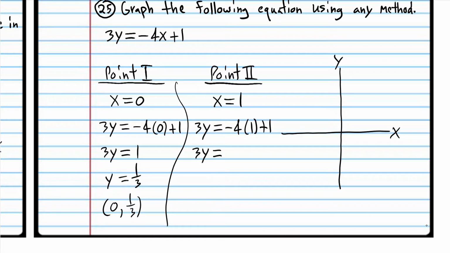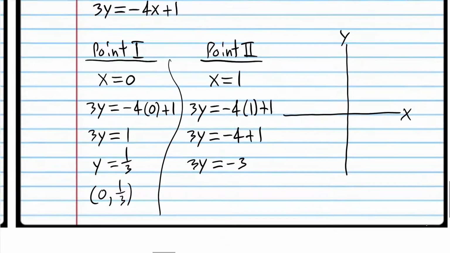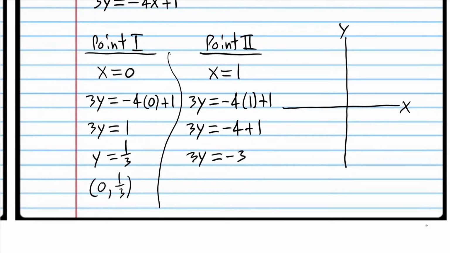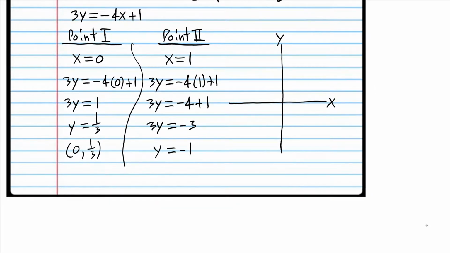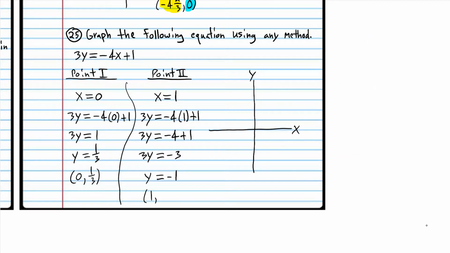and we get 3y is equal to -4 plus 1. 3y is equal to -3. And you can see why I chose that number. We have y is equal to -1, which makes things really easy. So now our point is 1, -1.